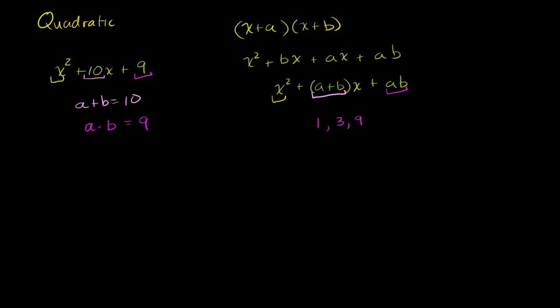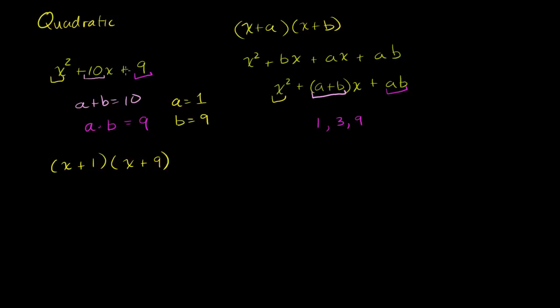So a could be equal to 1, and b could be equal to 9. So we could factor this as x plus 1 times x plus 9. And if you multiply these two out using the skills we developed in the last few videos, you'll see that it is indeed x squared plus 10x plus 9.